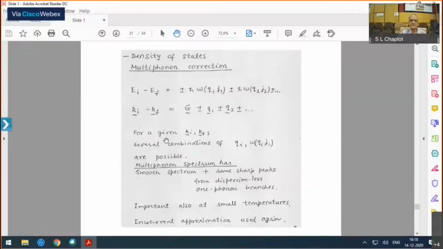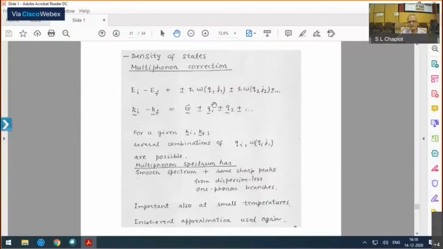So for a given Ki and Kf, there are several combinations possible. Because we have a large number of possibilities, the multiphonon spectrum tends to be relatively smooth. It may not have very sharp peaks, but it could; it's not always ruled out, unless there are some very dispersionless phonon branches, which could give some sharp peaks.